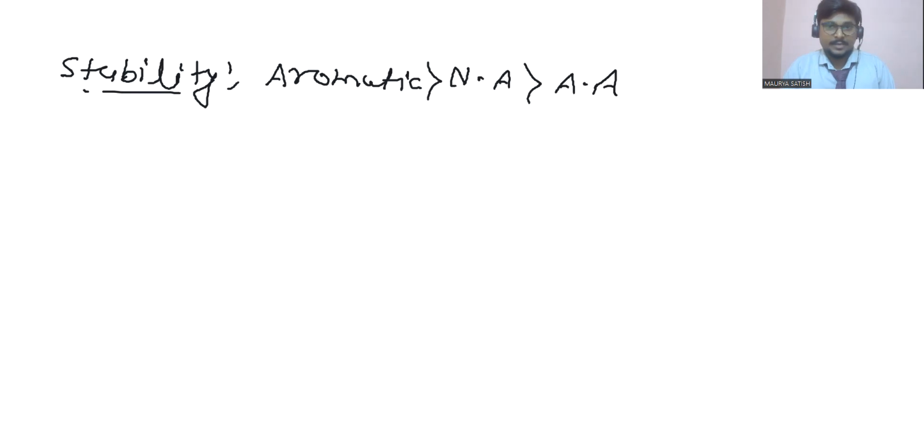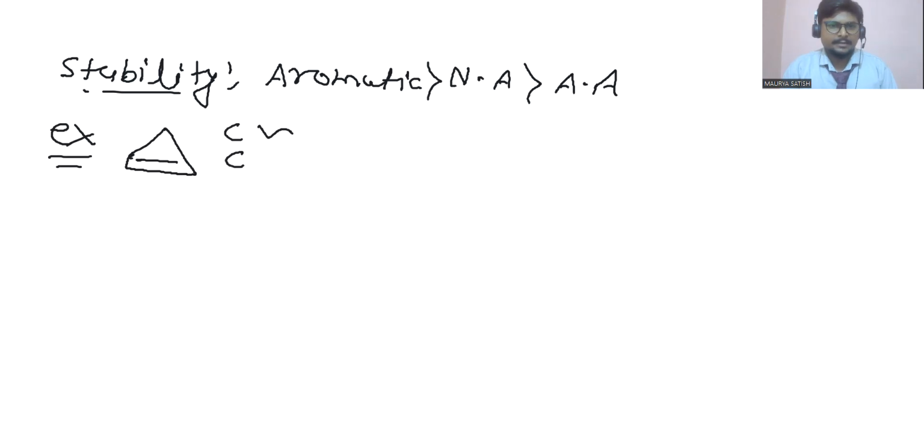Let us see some examples to understand more about how to determine aromatic, anti-aromatic, and non-aromatic. So first example, this one you can check the aromaticity. First you have to check the rules. First rule is it should be cyclic. Yes, the compound is cyclic. Very good. Then conjugation.